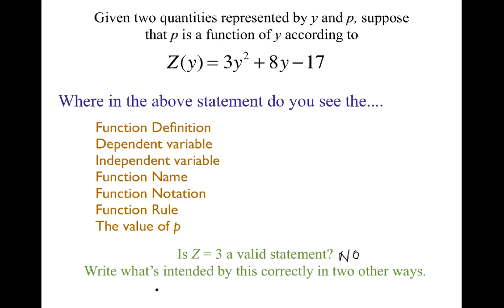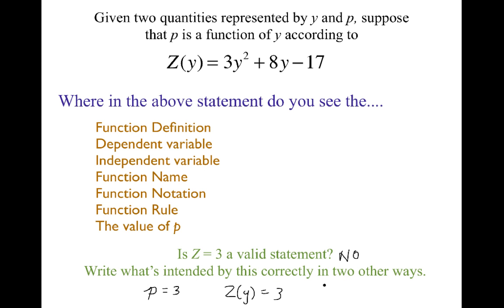Someone said P equals 3. Is it right? Yes. But more importantly, the most important way to change this would be to what? Z of y. Z of y equals 3. That's the one I want to make sure you get. That's the way to express a value of the dependent variable being 3, not z.